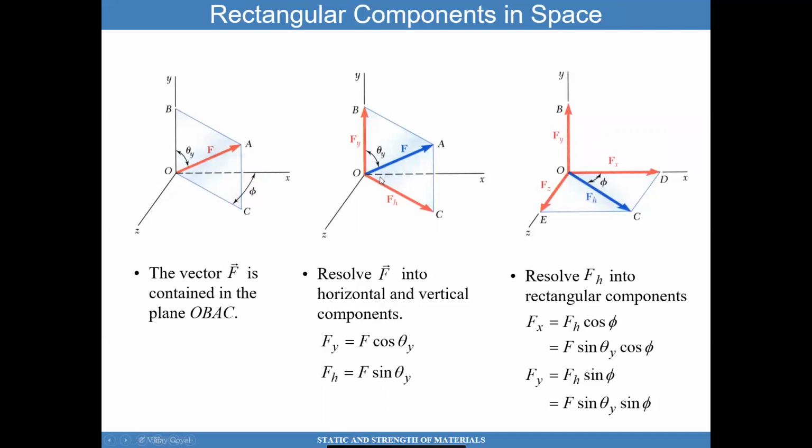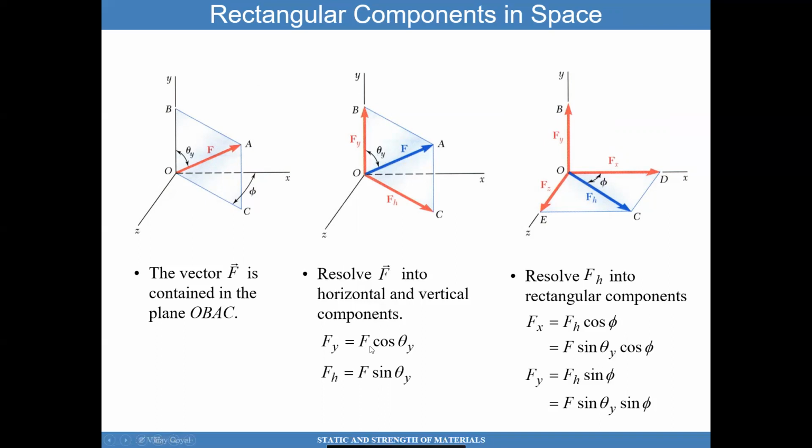So I can resolve this force F into the horizontal and vertical directions. And that's easy because that's, again, projecting F onto this line. And so the force F projected onto this line is F times cosine theta y.